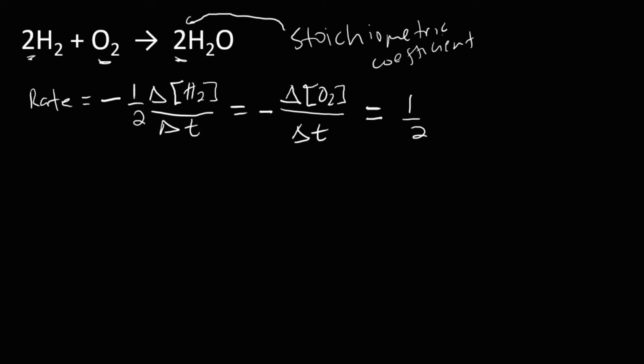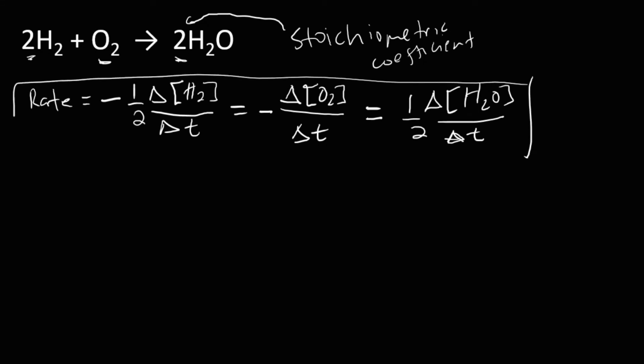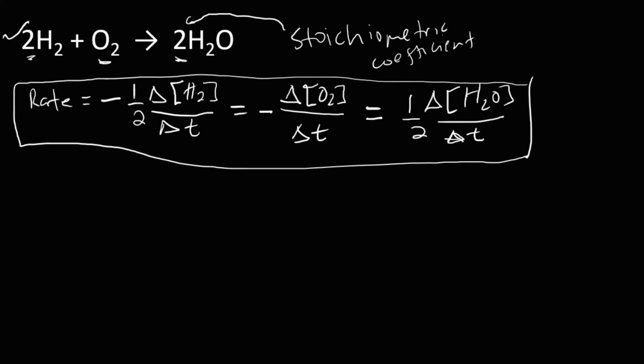So again, 1 over 2, positive because that is a product that signifies appearance. And then change in H2O divided by the change in time. So this is our rate expression for the given balanced equation.